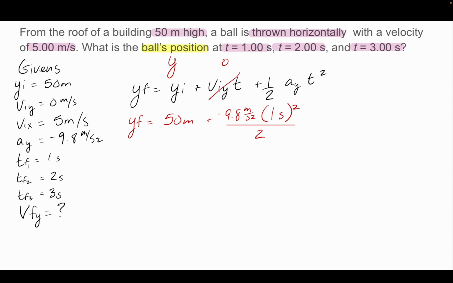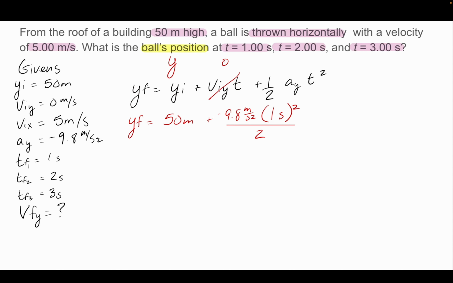I don't have any rearranging to do, because I'm looking for what I've got here. So if I was smart, I would have already had this done, but I didn't think of it. So I'm going to punch it in on my calculator right now. So if I've got 9.8 divided by 2, and 1 squared is 1, and I'm going to add this to 50 meters.